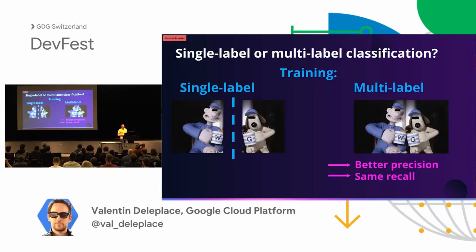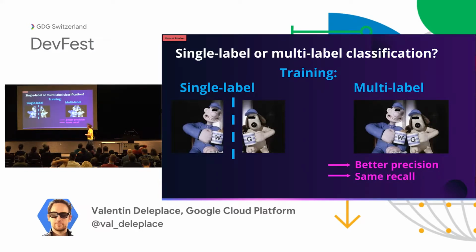An important question is, should I do single label or multi-label classification? That's for the training phase, because in the end, I will be interested in making multi-label detection. I want to be able to upload a photo featuring Wallace and Gromit because they are really good friends. They often come together.